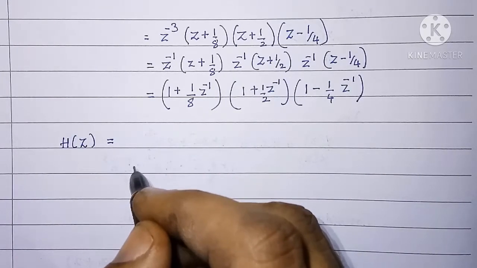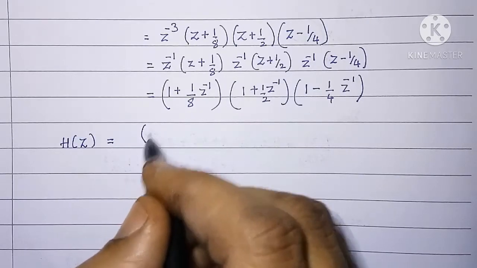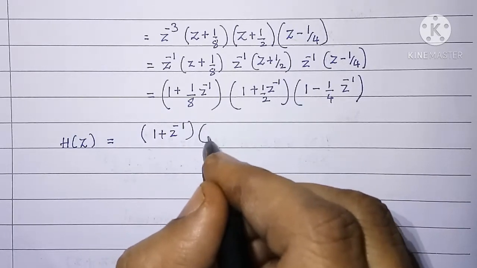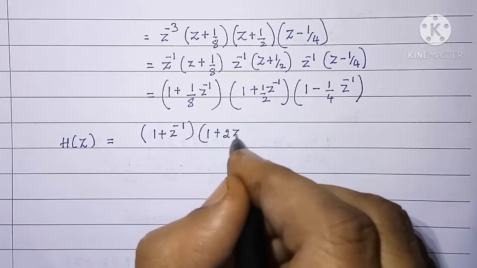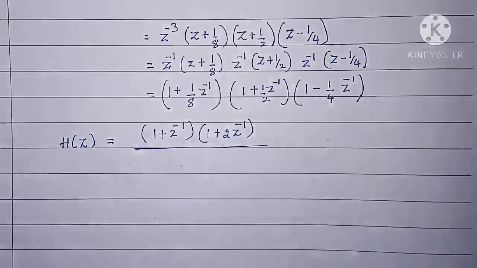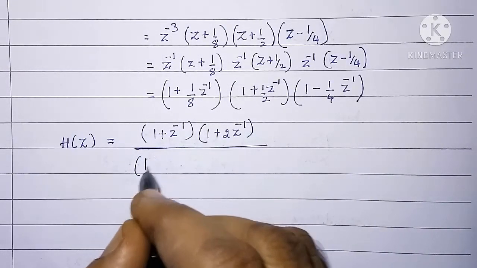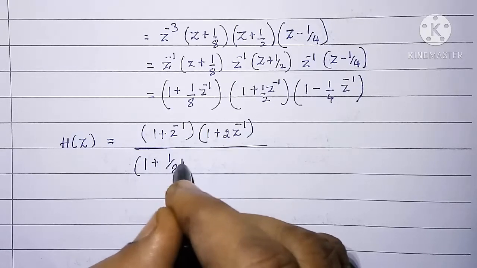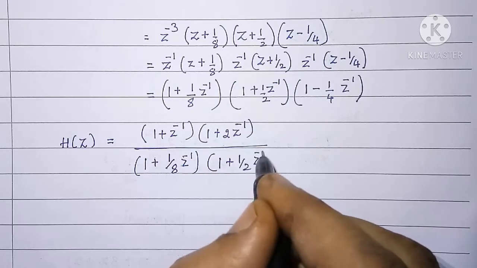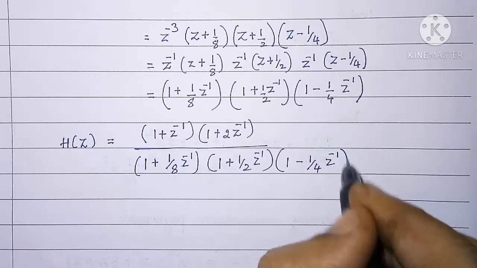So in the numerator we will be having 1 plus z raised to minus 1 into 1 plus 2 into z raised to minus 1, divided by 1 plus 1 by 8 z raised to minus 1 into 1 plus half z raised to minus 1 into 1 minus 1 by 4 z raised to minus 1.